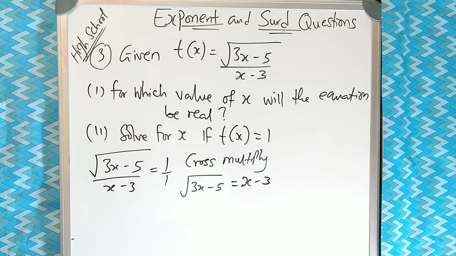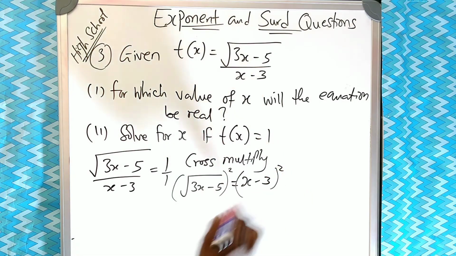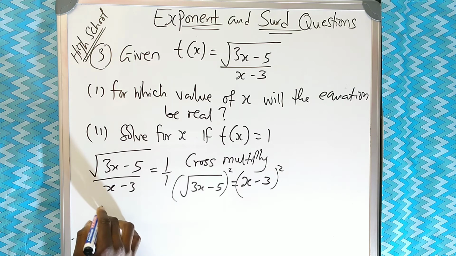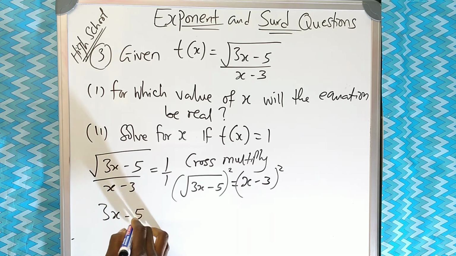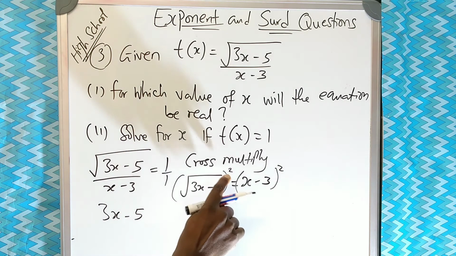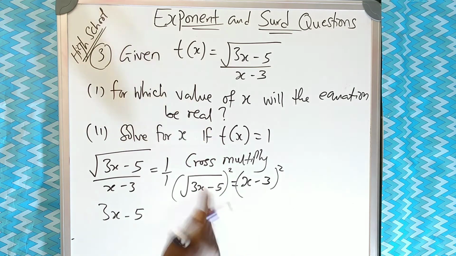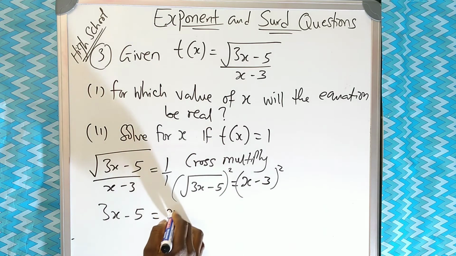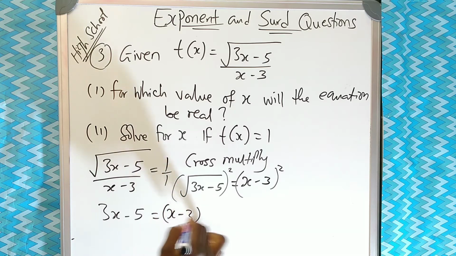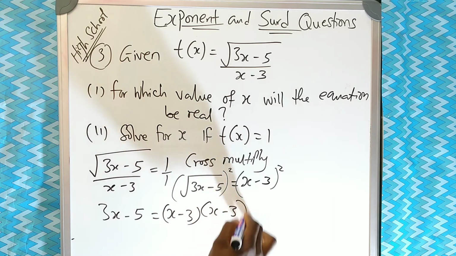What else are we going to do? Remember, we are looking for x. We are solving for x. Which side can we square? When we square, definitely we're going to have 3x minus 5, because the square root will be eliminated by the square, and that equals (x minus 3) squared.